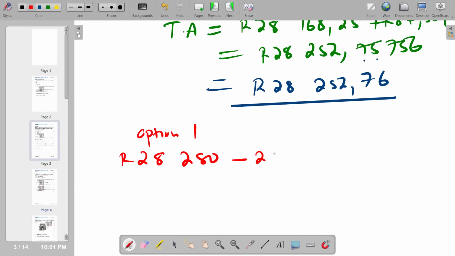And then you get your answer, 280 interest for option 1.